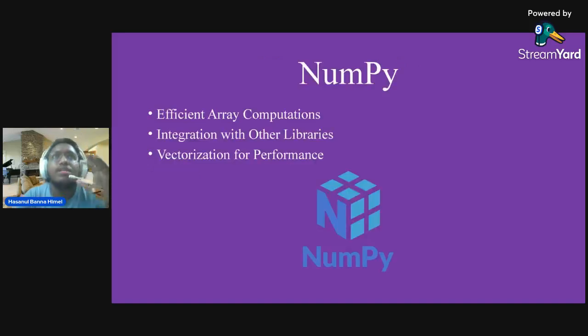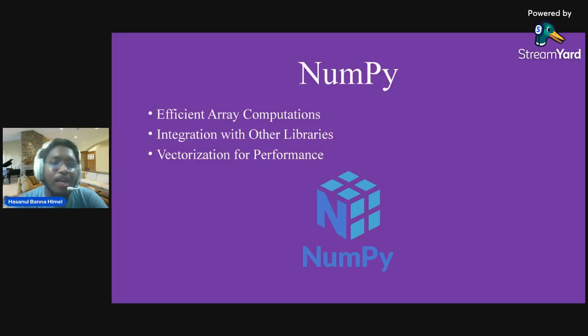NumPy is a framework of Python which helps in efficient array computations. NumPy provides support for multidimensional arrays and matrices. It enables efficient numerical computation, which helps us to solve maths easily and more precisely.